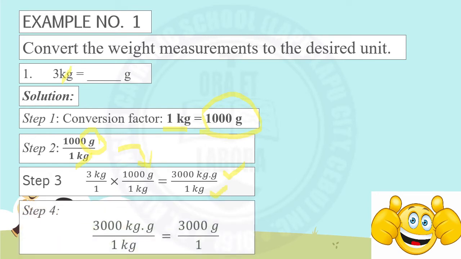Kilogram from our numerator and denominator will be cancelled out, and the remaining will be grams. That will be our desired unit, and the result is 3,000 grams over 1, and our final answer is 3,000 grams.